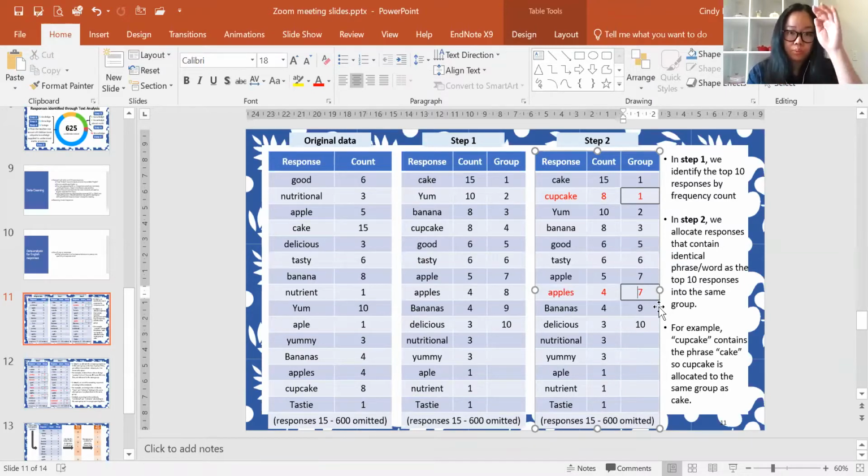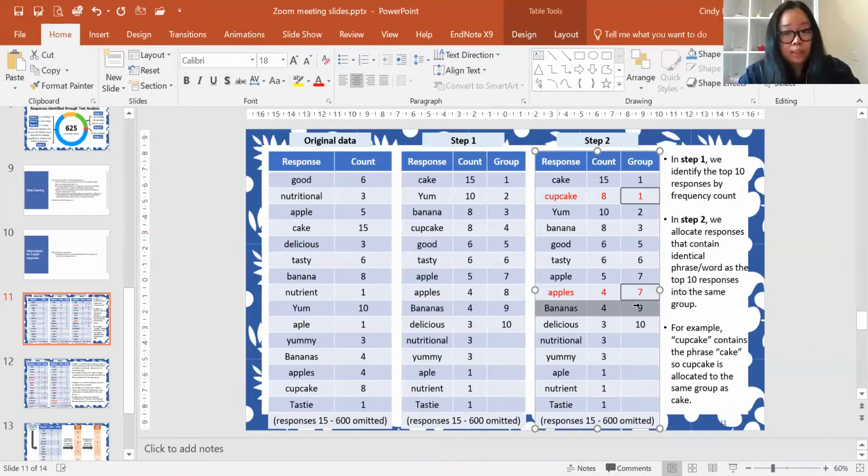And it only goes from top to bottom, so from the most frequent one to the less frequent one. You will notice that banana and bananas on these 2 lines are not allocated in this step. It's because capitalization is treated as a separate response. So that would be fixed in the next step.